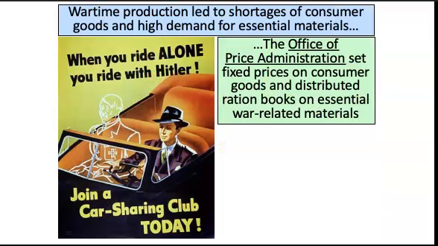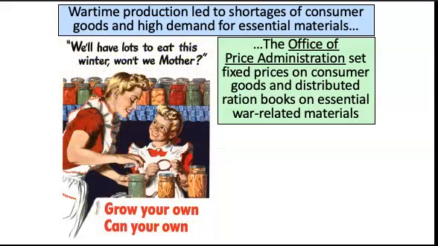Now, one federal agency, the Office of Price Administration, or OPA, regulated almost every aspect of civilian lives by freezing wages, prices, and rents, and rationing such commodities as meat, sugar, gasoline, and auto tires, primarily to fight wartime inflation.